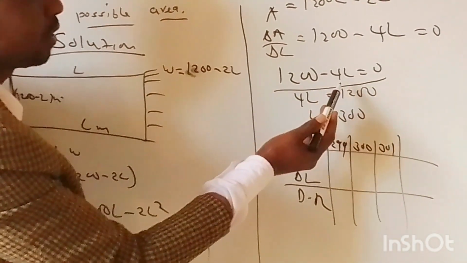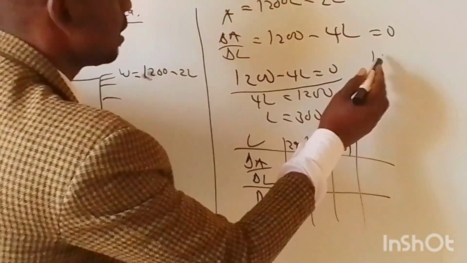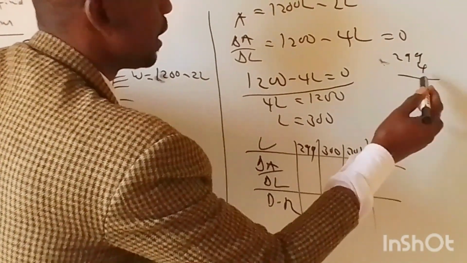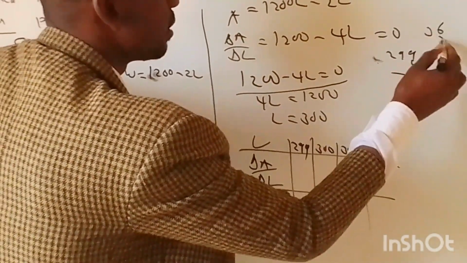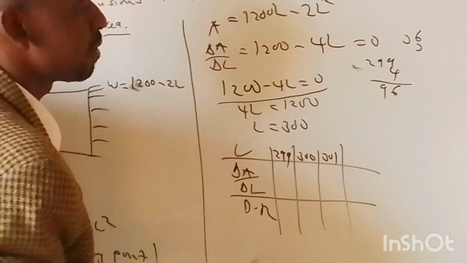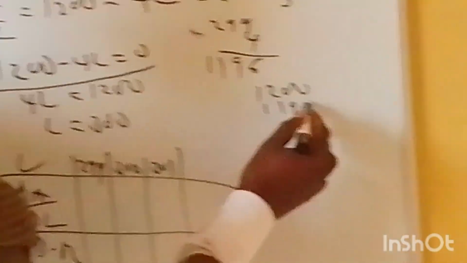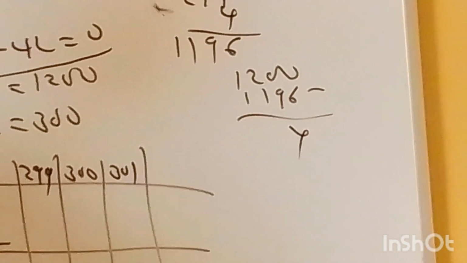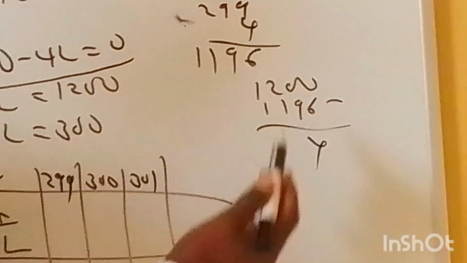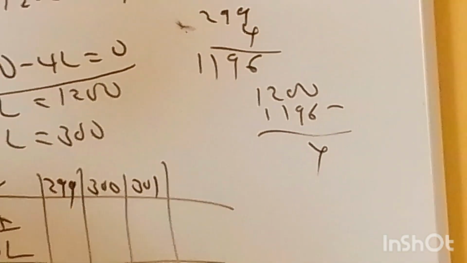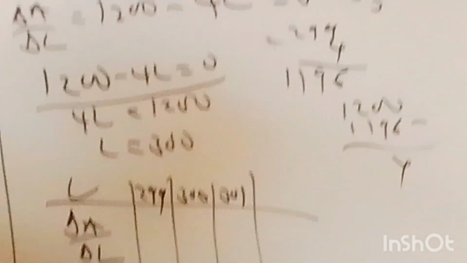If L is 299, then we take 1,200 minus 299 multiplied by 4, which is 1,196. Let's do it manually. We get 4. So this is going to be 4.